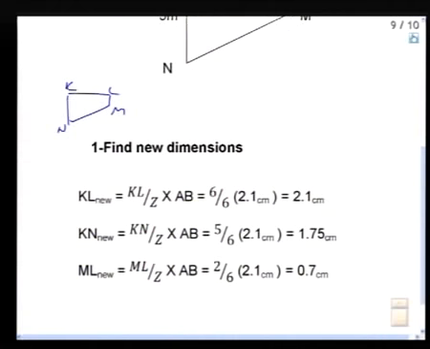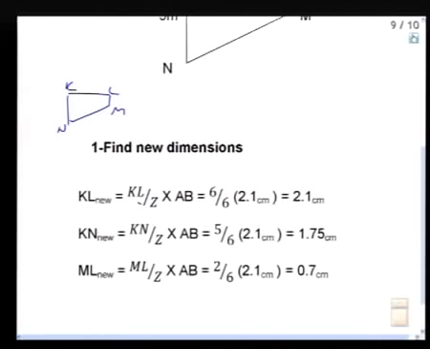The new KL equals KL original, divided by Z, multiplied by AB. So, KL original how much? 6 meters. Z is 6, so 6 divided by 6 equals 1, multiplied by AB, which I found to be 2.1. I will tell you how to find it. Then this is 2.1 centimeters.